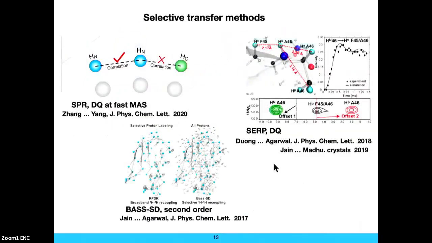So this sequence can be compared to some other sequences in the literature, such as SPR or SERP or BAS-CP. And we really were inspired by the work of Junyoung and his group with SPR in basically the search space for this pulse program. But we have a zero quantum sequence due to the phase cycle, whereas what they have done is double quantum sequences.